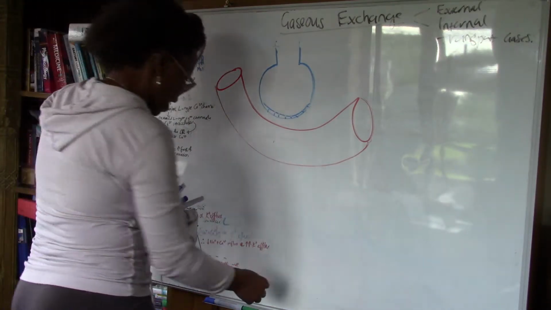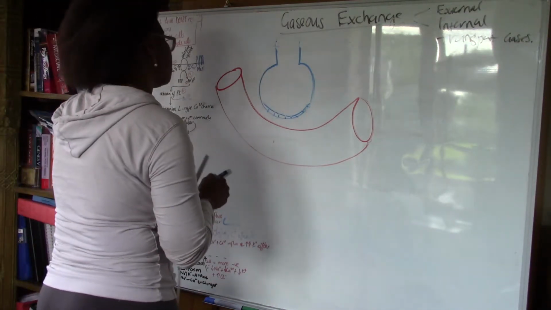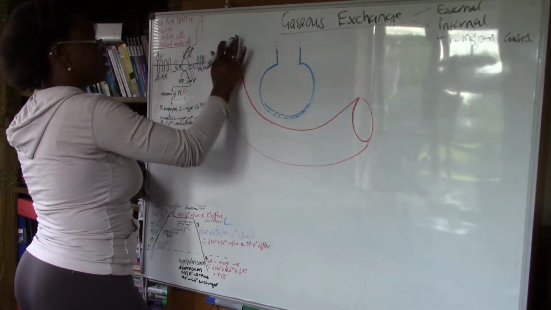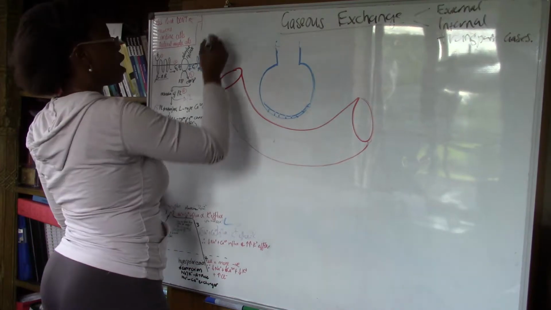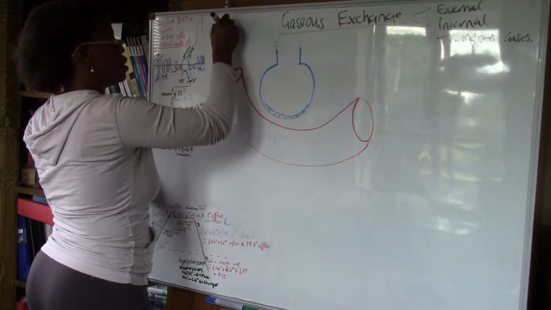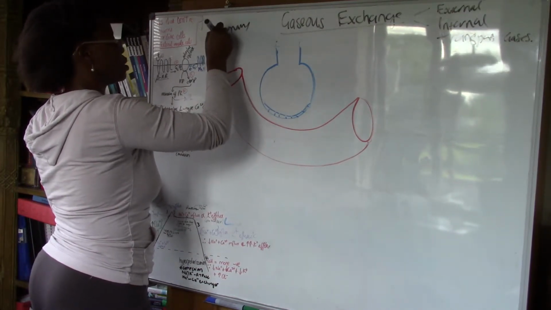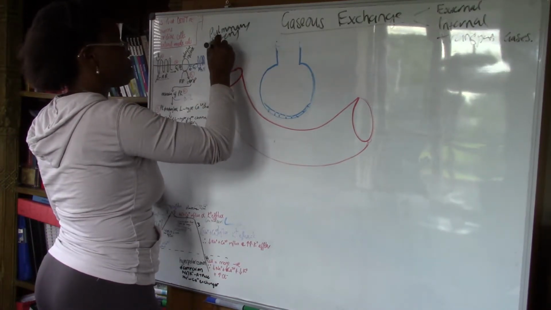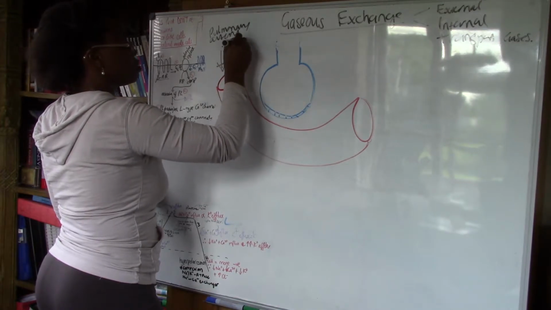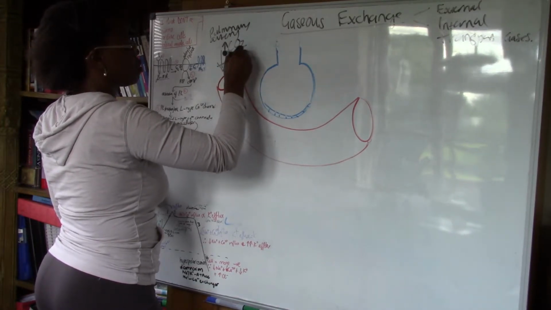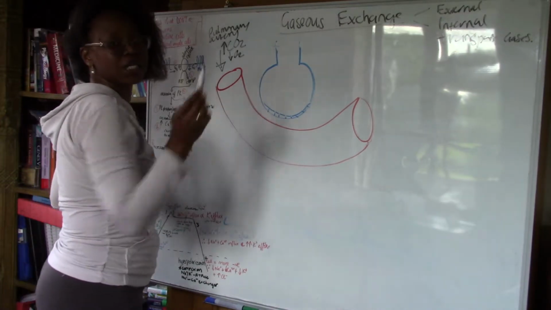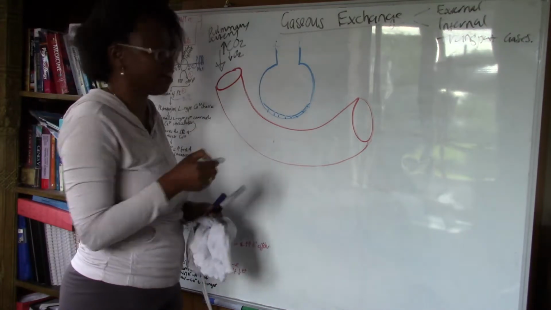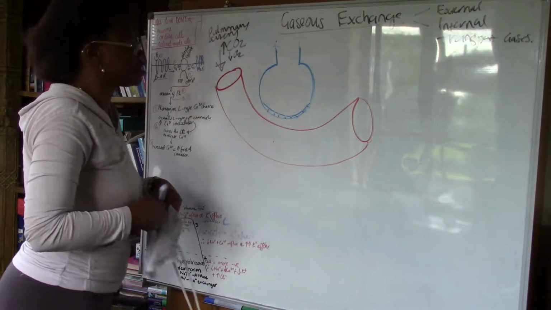If we go back to cardiology, we'll remember that venous return arrives from the heart into the lung via the pulmonary artery. This is blood that has high CO2 and low oxygen. When I say high, I mean the partial pressure of carbon dioxide is much higher than that of oxygen.